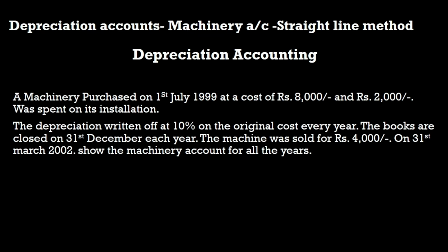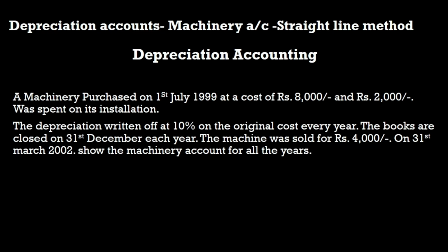This is the main point, guys. Original cost every year, that means this is the straight line method. You can easily understand. If they don't mention it, you have to prepare straight line method depreciation, but when they put in the question original cost every year, that means straight line method.